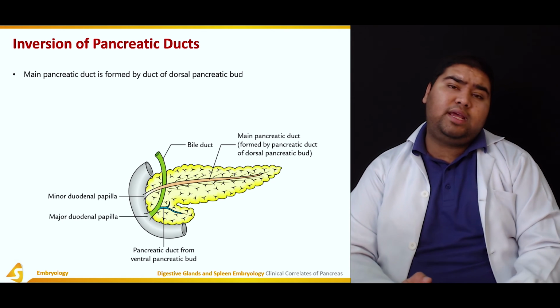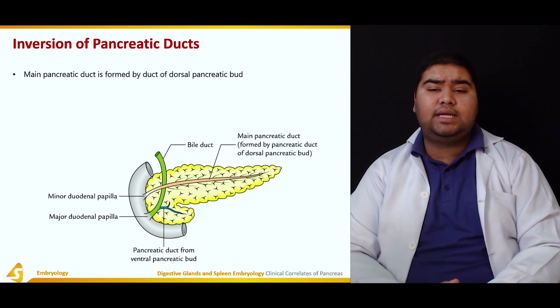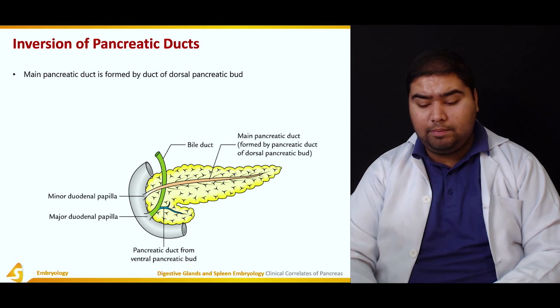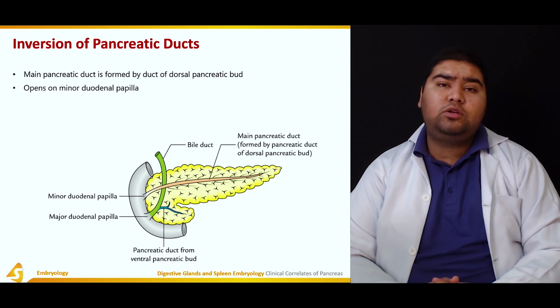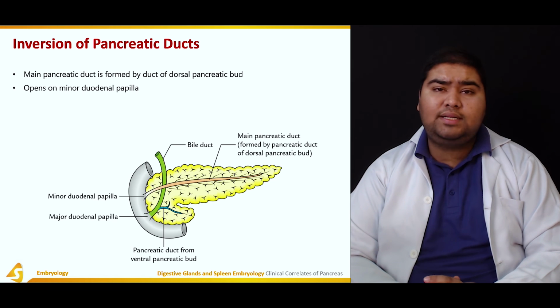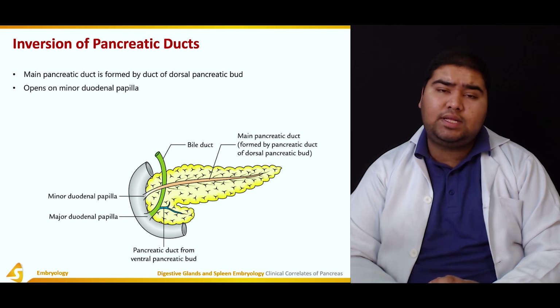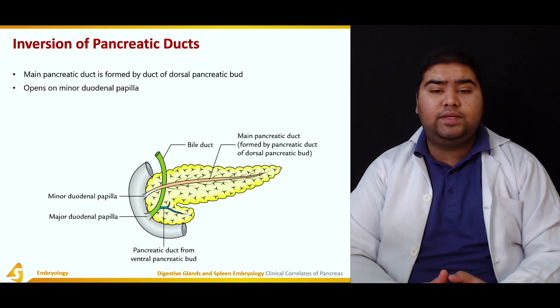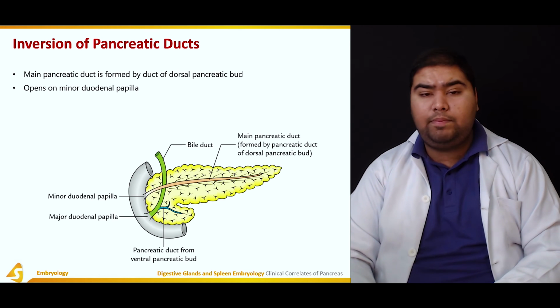However, when the inversion takes place, the main pancreatic duct is formed by the duct of the dorsal pancreatic bud. Now it opens on the minor duodenal papilla, because the duct of Santorini, which is the accessory pancreatic duct in the usual conditions, opens on the minor duodenal papilla.